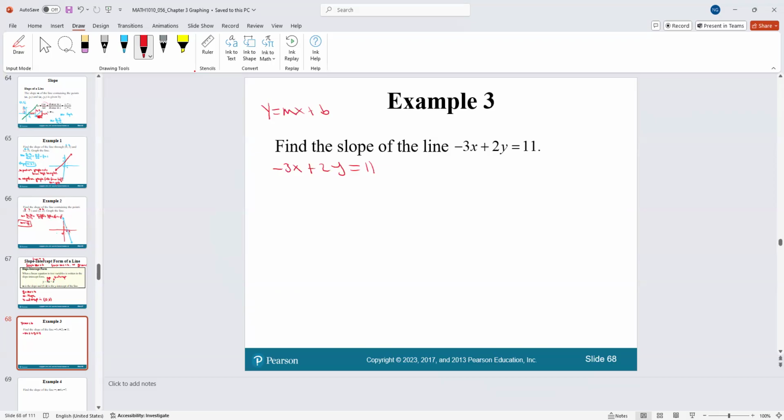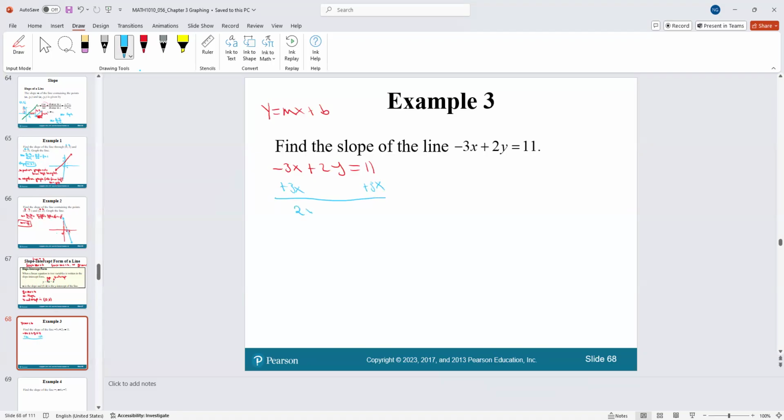So on this side, we need to isolate y. Make sure y is on one side by itself. So what you need to do is add 3x.